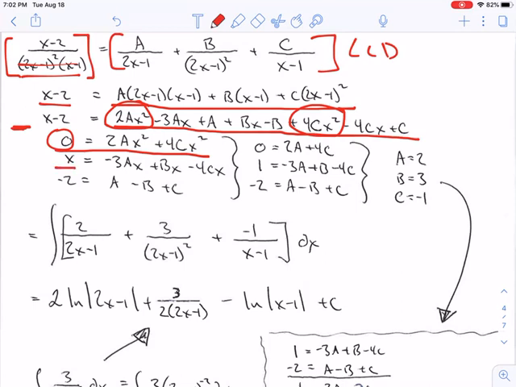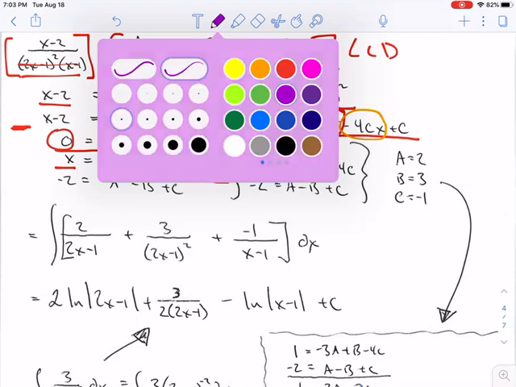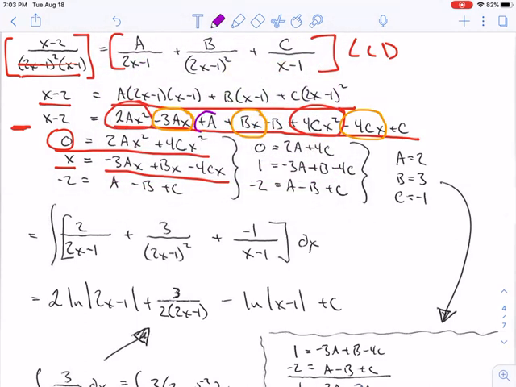I have x, and I have minus 3Ax plus Bx minus 4Cx, and I'll do that in orange. So that comes from here, here, here. And then finally, I have the constants: A minus B, and the C is equal to the constant on the left-hand side.